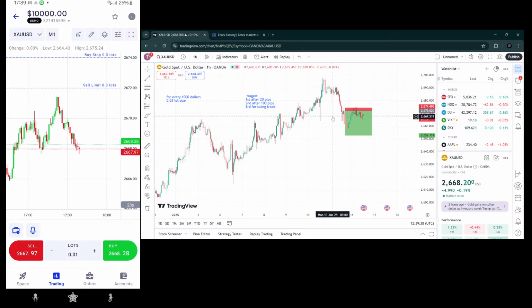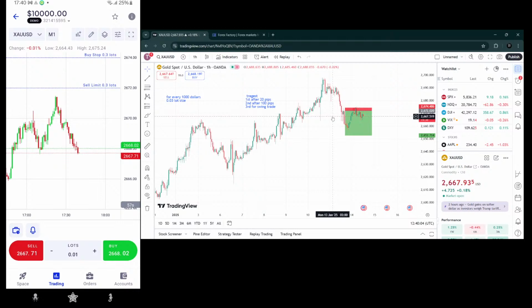And pips are cents. I'll explain first. For example, the market is right now on 2668.11. So the 11s are the cents. So from 1 cent to 100 cents is 10 pips. For example, the market is right now 2668.3.